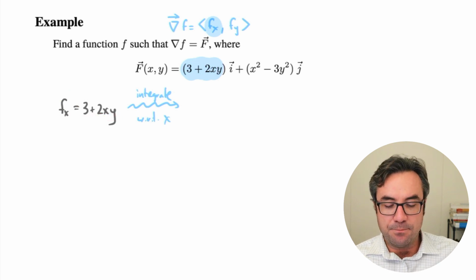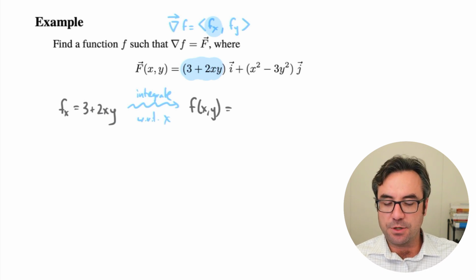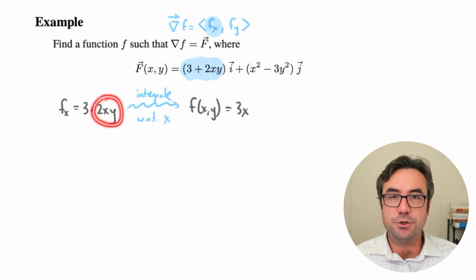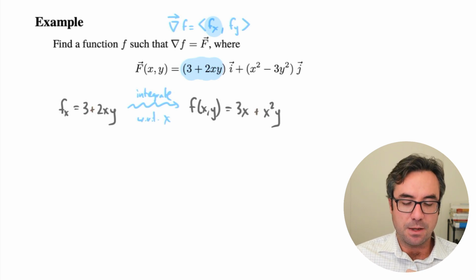When we do that, we're going to get our function little f. So let's do our partial integration, partial antiderivative. The antiderivative of 3 is going to be 3x. The antiderivative of 2xy is going to be x squared times y. And the addition just stays the addition.